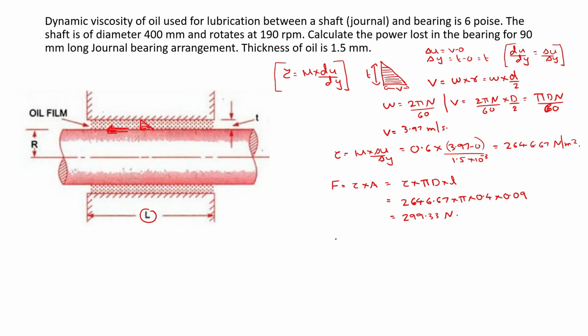So what is the power lost? Power lost is equal to force into velocity, that is linear velocity, that is 299.33 into 3.97, so that is equal to 1.191 kilowatt.